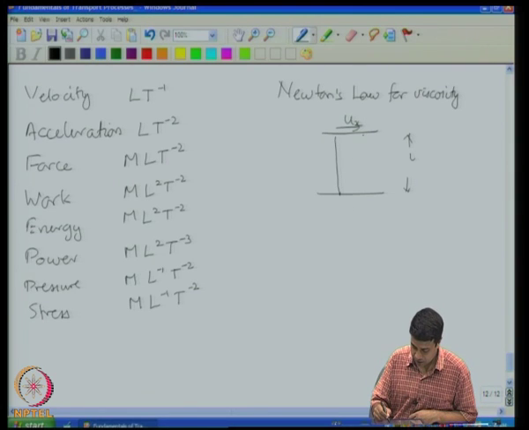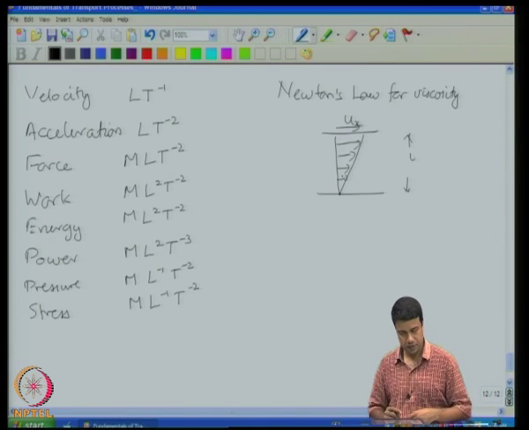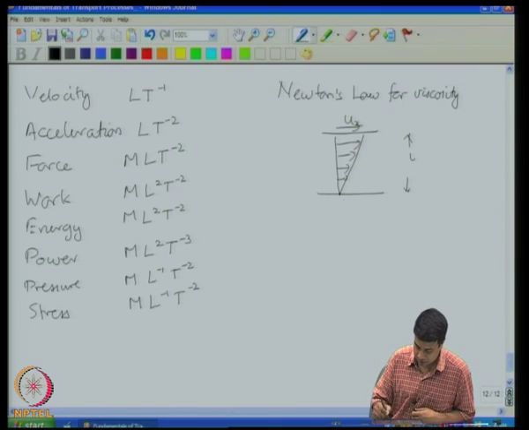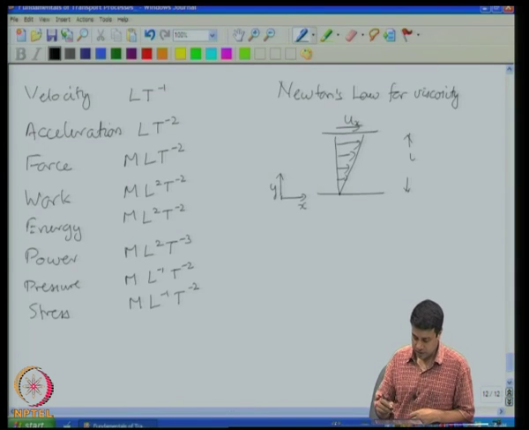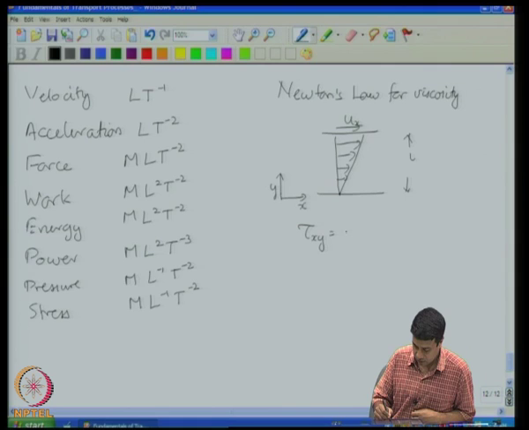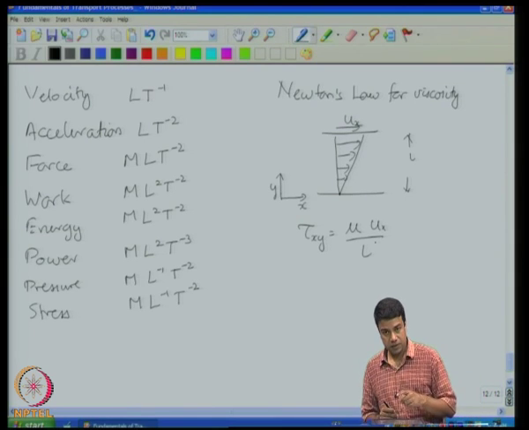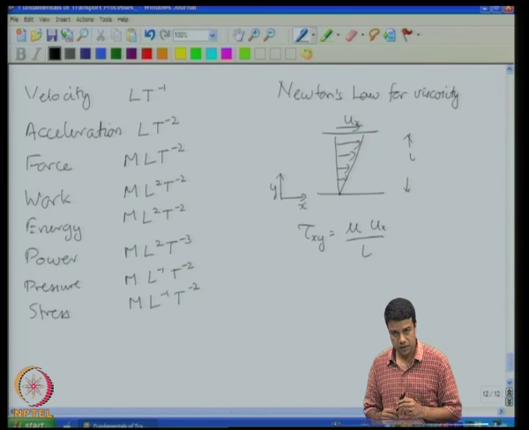At steady state, I will have a linear velocity profile between these two plates. And Newton's law of viscosity tells us that the shear stress, with a coordinate system x and y, tau xy is equal to mu ux by L. The shear stress is equal to the viscosity times the difference in velocity between two locations divided by the distance between those two.